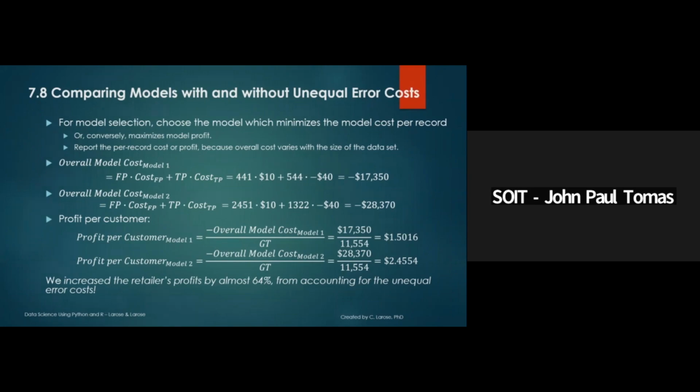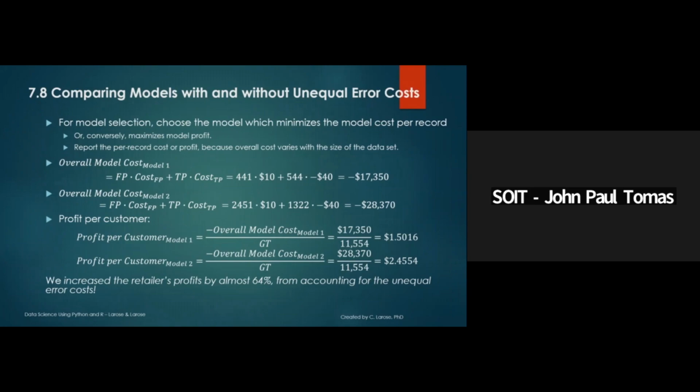Then the profit per customer for model 2, same formula: 28,370 over 11,554, which equates to 2.4554. Based on the two equations, you can see there's a difference between the profit per customer for model 1 and model 2, which is $1.5 and $2.4.